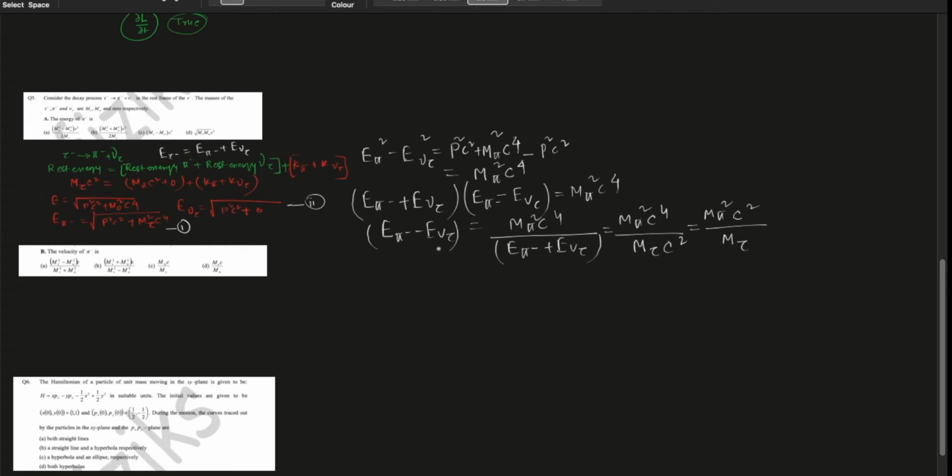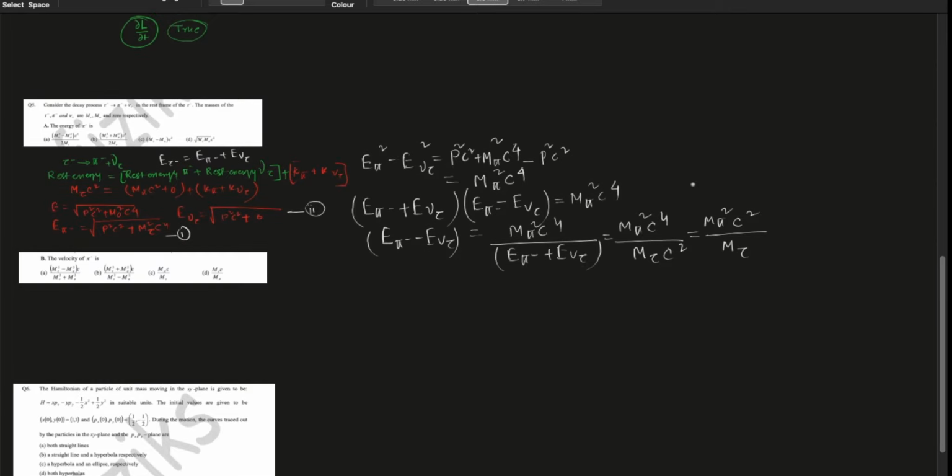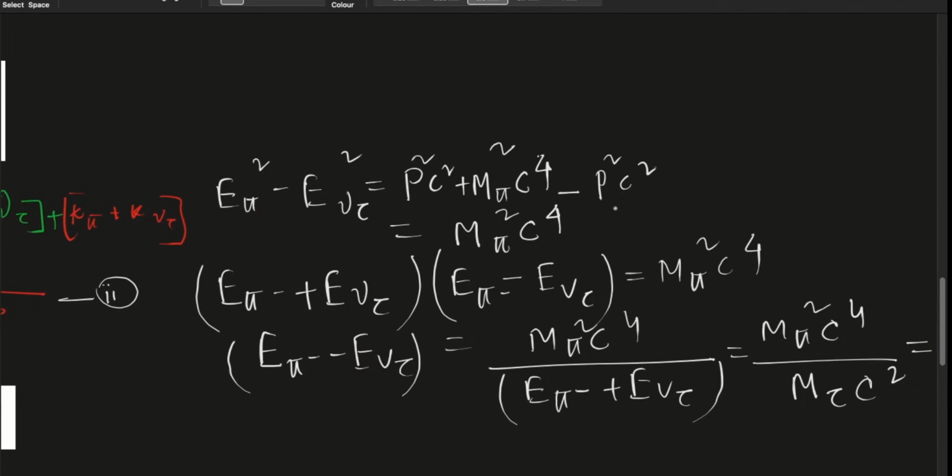And if I want to find the value of E pi from these two above equations, how can I do that?